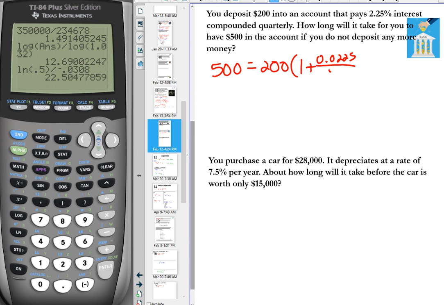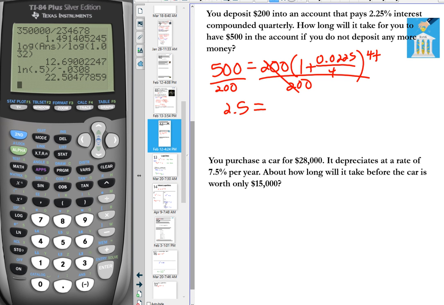4. To the power of that same 4 times the amount of times. This decimal hopefully won't be too bad. I'm going to first divide by 200. And that gives me 2.5.